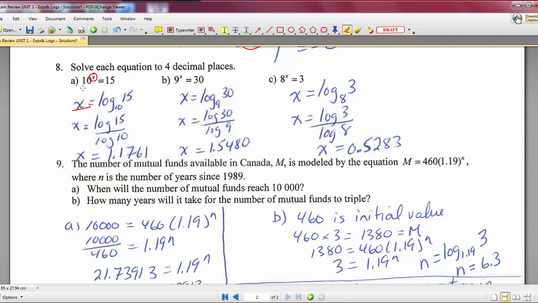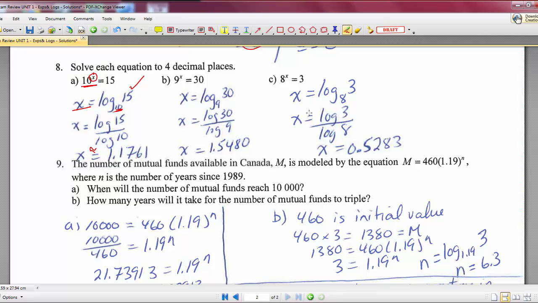And then log, the base of the original question, is the base now of my logarithm. And of course the other value is just kind of that last value off to the end. Punching it into a calculator again is log of the big number 15 divided by log of the base, which was 10, and we get 1.1761 approximately. Well, that's a pretty poor approximate.